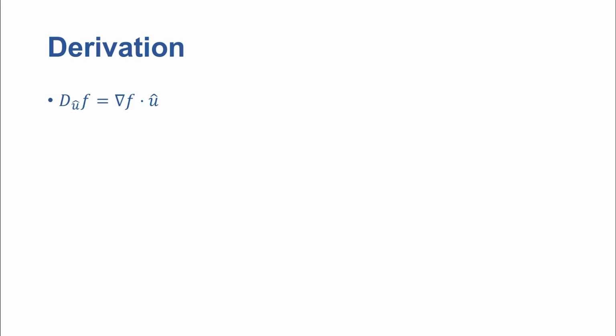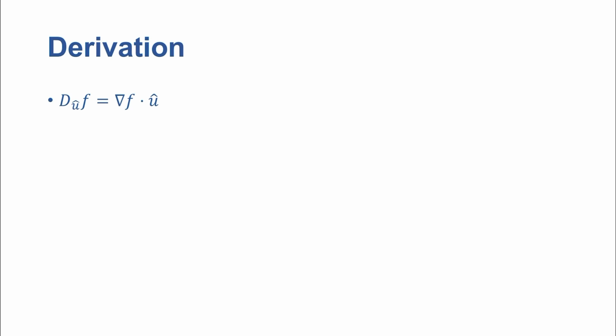What we do is we take the definition that we've made for the directional derivative in the direction of u hat of a function f, equals nabla f dotted with u hat. Note that both of these are vectors. We can rewrite this in terms of magnitudes and the angle between them.